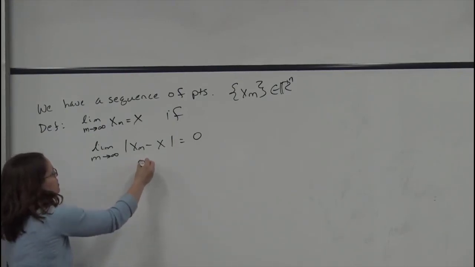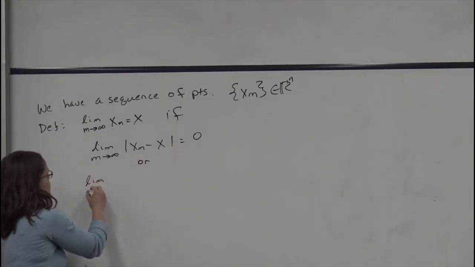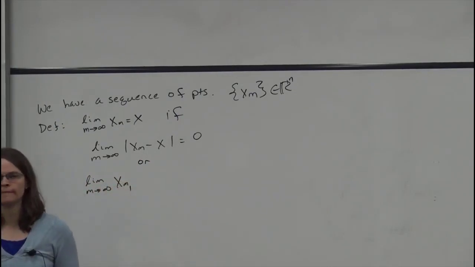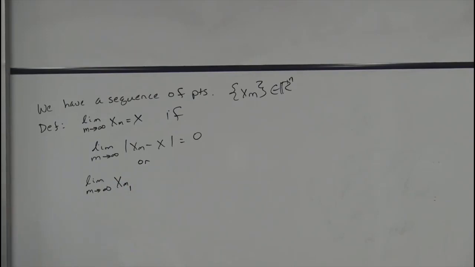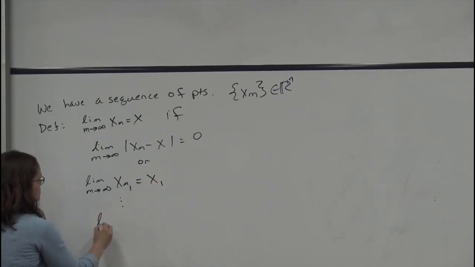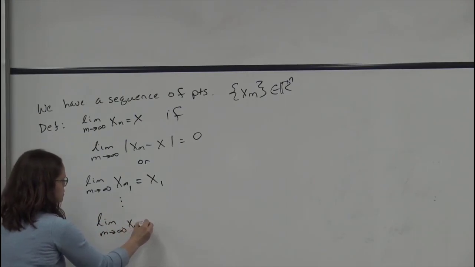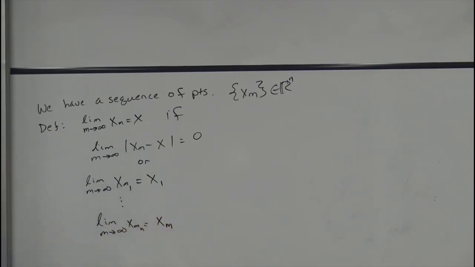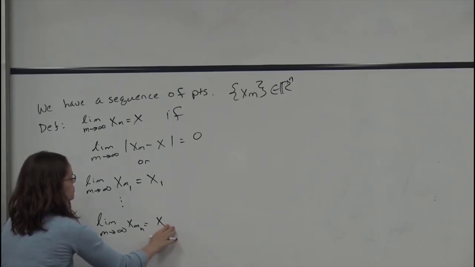So equivalently, we could say, well, the first component of the elements in our sequence, right? We have a sequence of vectors. If we just look at the first components, we're down to a sequence of real numbers. This converges to the first component, and so on. Sorry, it's xn.